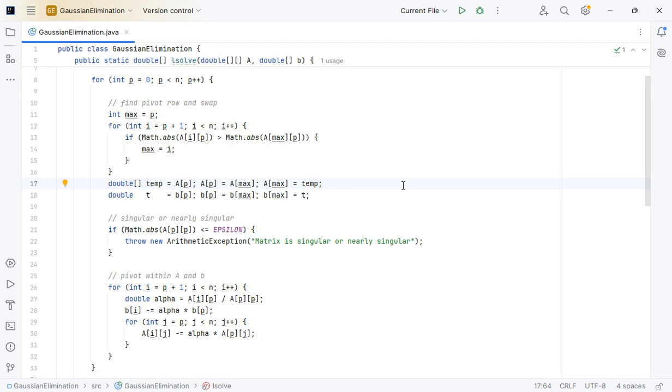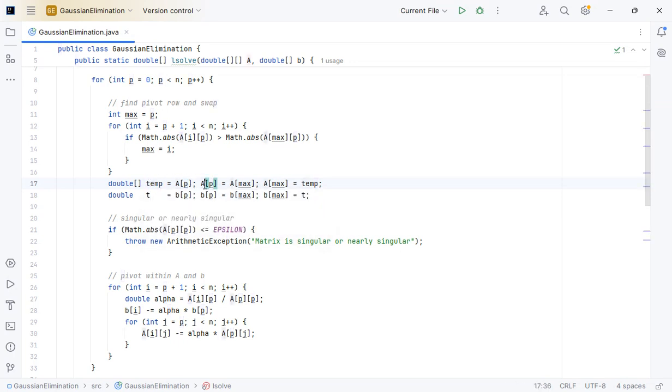You see, here is interesting because A basically is a two-dimensional array, but here we are making only one dimension. What does it mean? Maybe we copy a row. Yes, we copy the row. We take the row number P and copy it to the temporary variable.